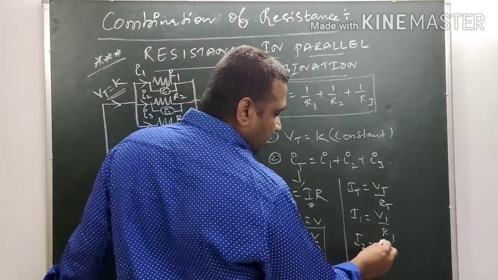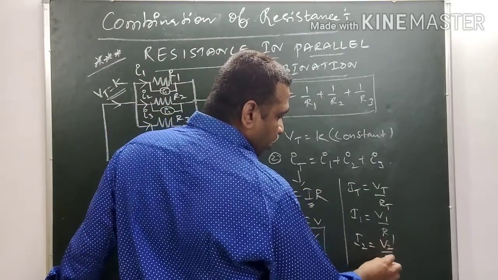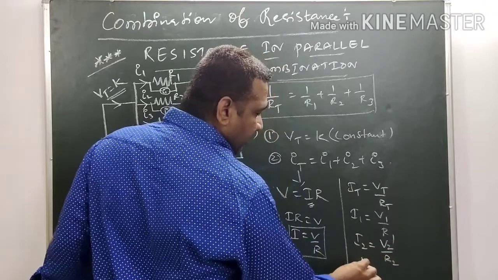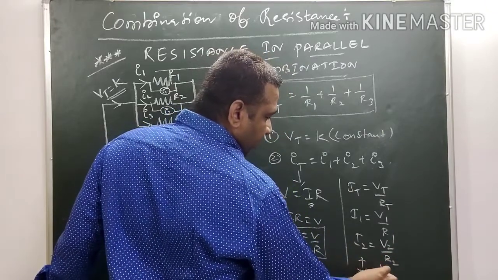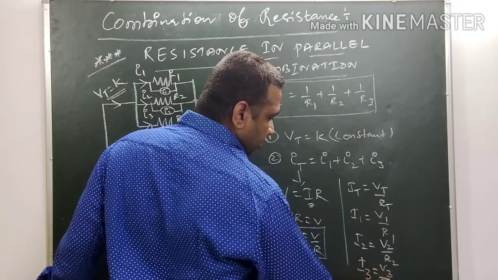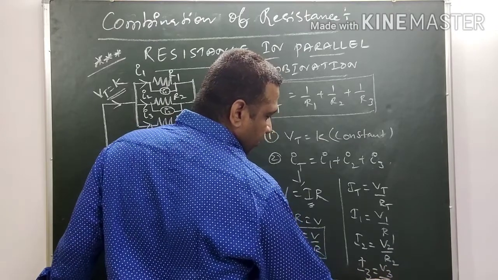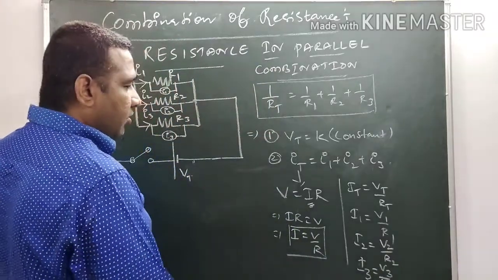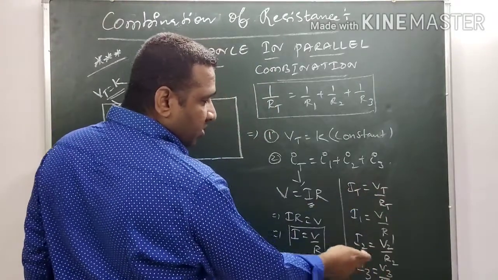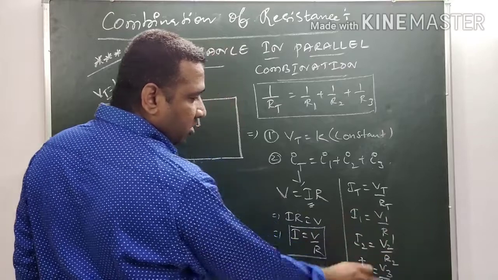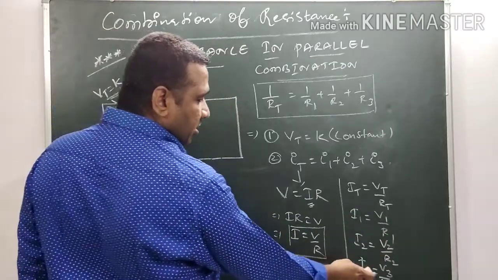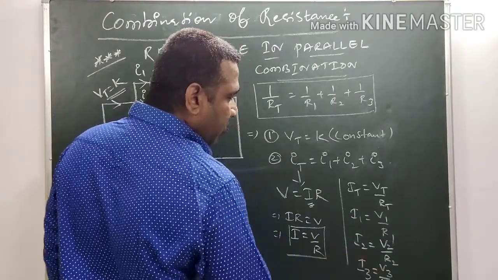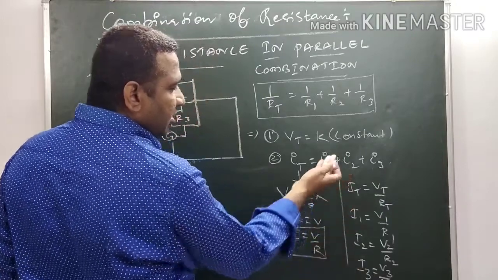So therefore I2 is equal to V2 by R2. Then what is I3? V3 by R3. So we have written from Ohm's law: I1 is equal to V1 by R1, I2 is equal to V2 by R2, I3 is equal to V3 by R3.